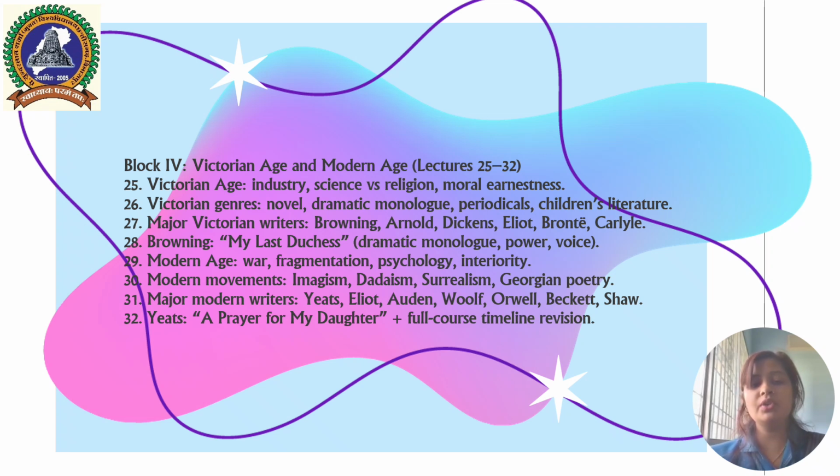We will have a close reading about the life of modern writers like Yeats, Eliot, Auden, Woolf, Orwell, Beckett, Shaw. Last, we will have a close reading of A Prayer for My Daughter. It's a very famous poem by W.B. Yeats. Then I will have a revision of the timelines and the full course.